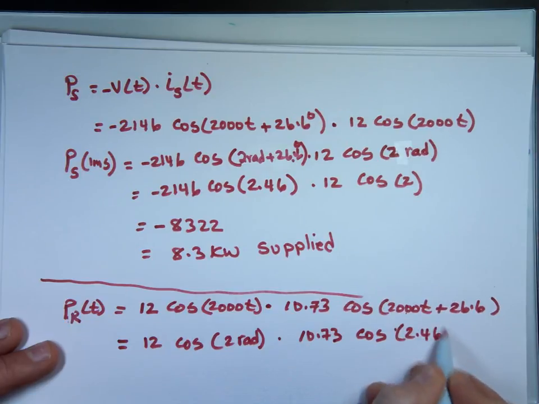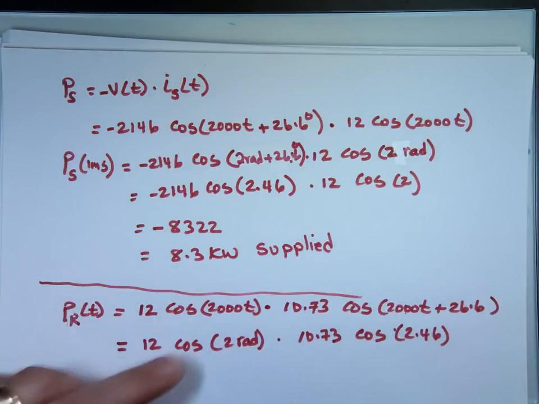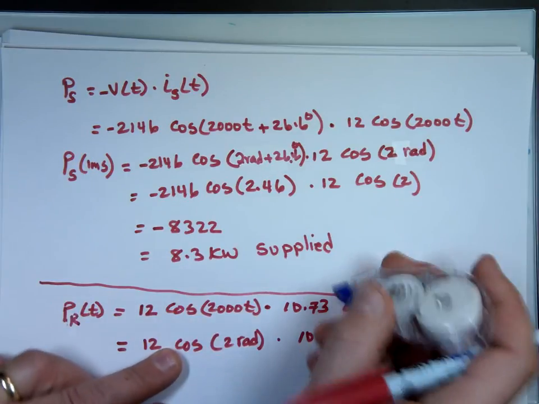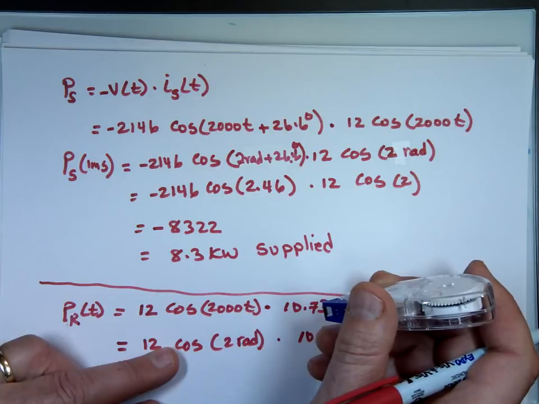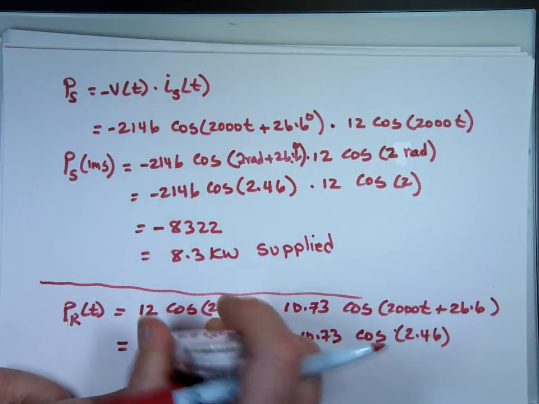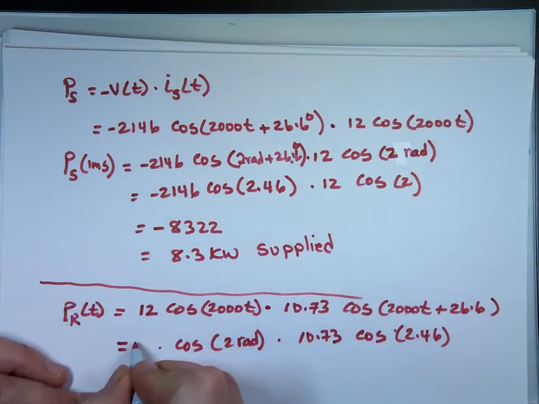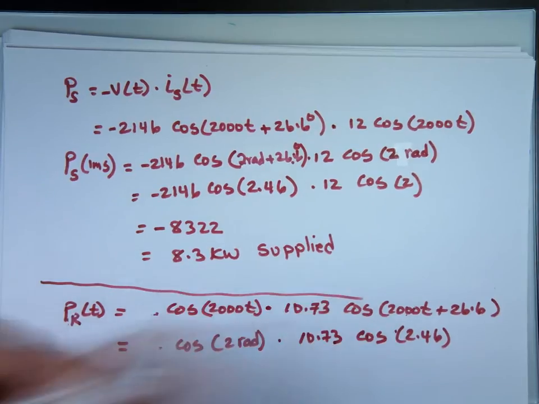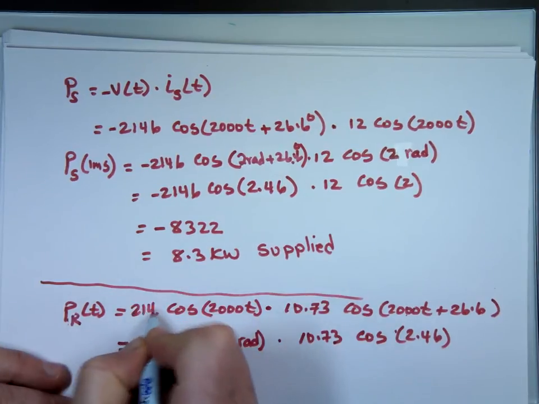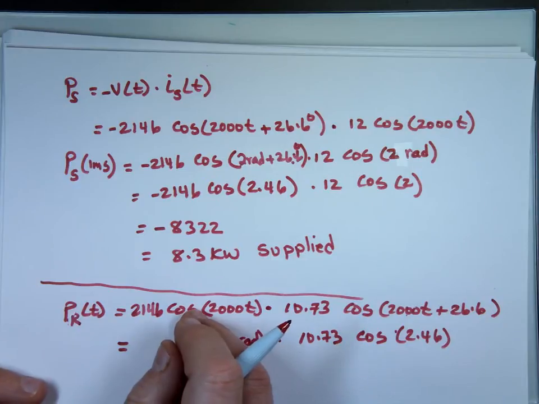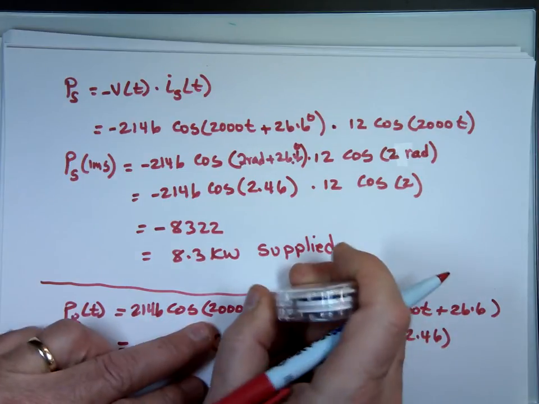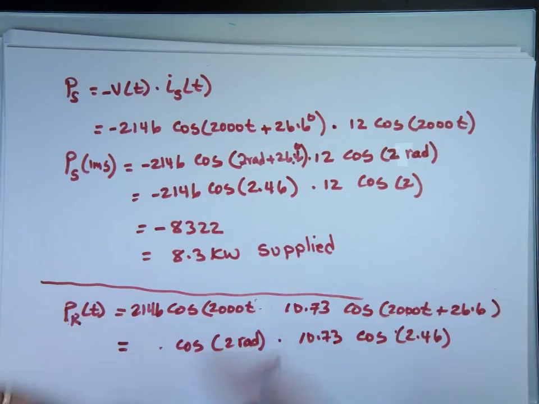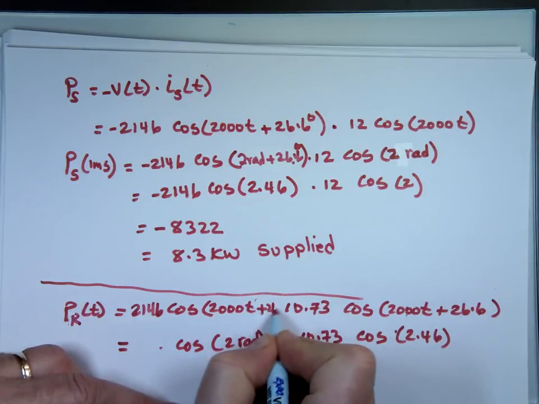Oh no, wait, the voltage. The voltage is not 12. What was the voltage across? 2146. I looked at the wrong table. 2146 cosine, where's the voltage? Plus 26 degrees.